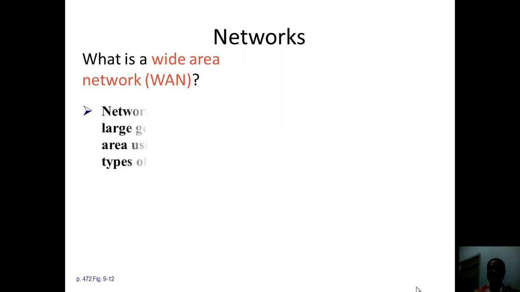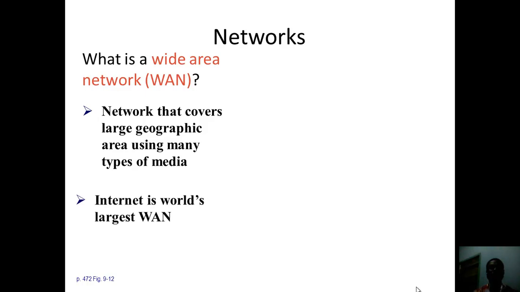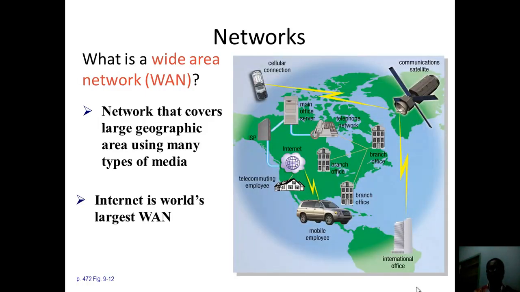Now, we also have wide area networks. Wide area networks normally cover a very large geographical area, and it could be a whole country, a whole city, or even a whole continent. They consist of several local area networks and metropolitan area networks coming together to form what we call wide area networks.